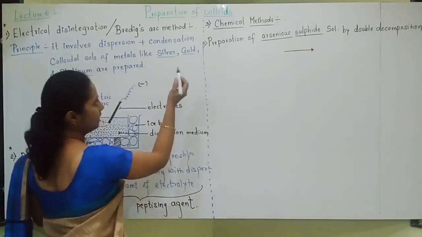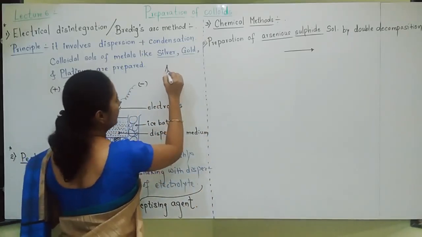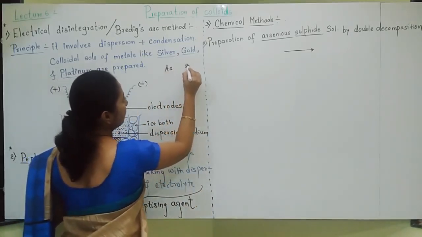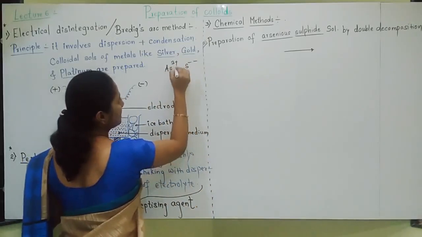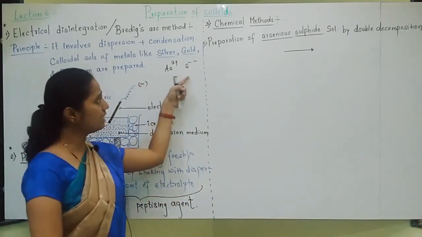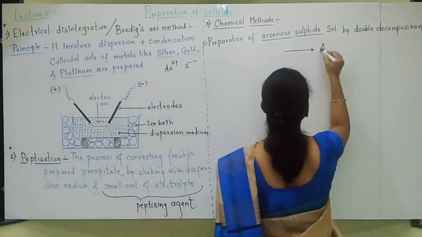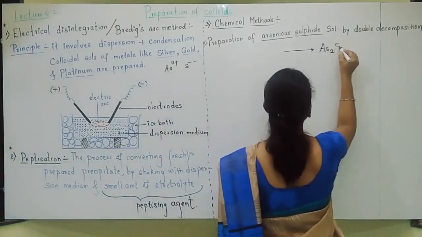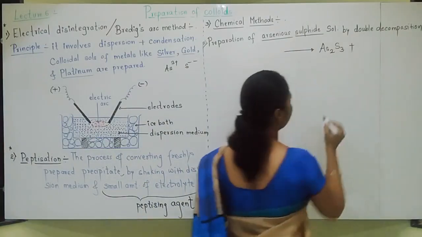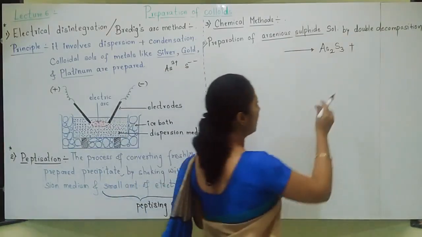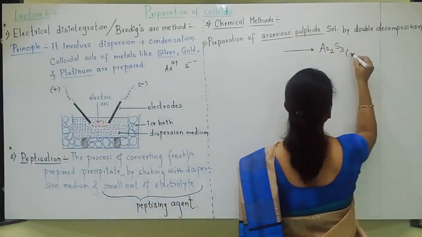Arsenious sulfide, I am writing here, you prepare the formula and tell me. Arsenic As 3 plus, sulfide S 2 minus. What is the arsenious sulfide formula? As2S3. Okay, I am writing As2S3 sol.